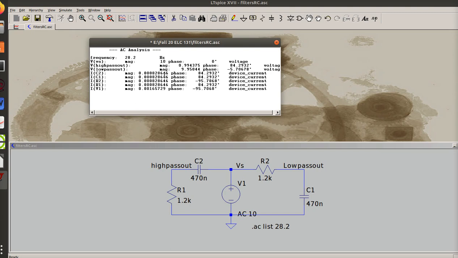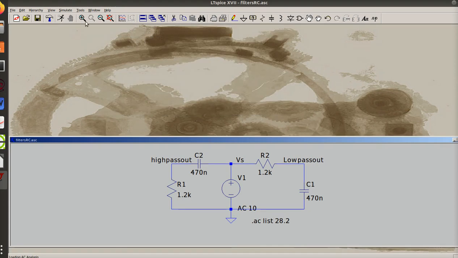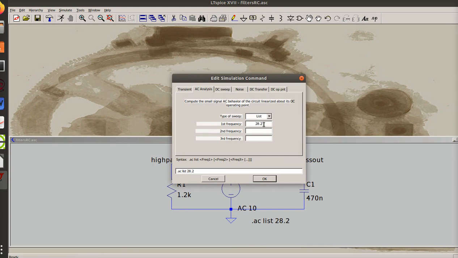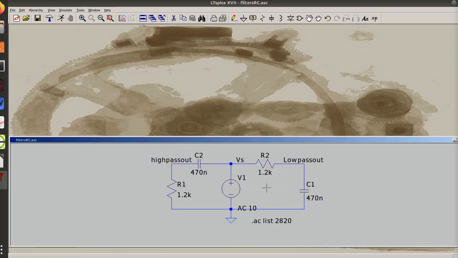Okay, so there's my analysis, and that's what we would expect to see. Then if I close it and go in here and edit my simulation command, instead of 28.2, I go the decade above. So I go 2820. Now my frequency's high, so this should be low, and this one should be high.